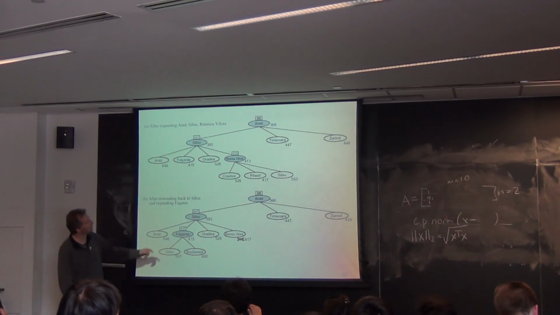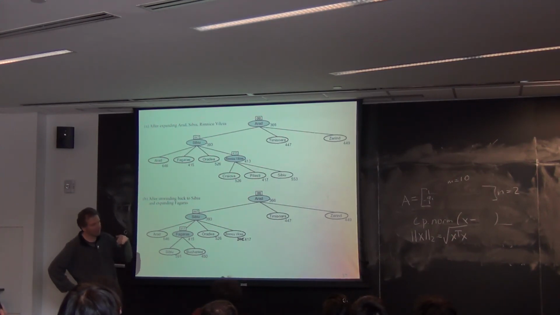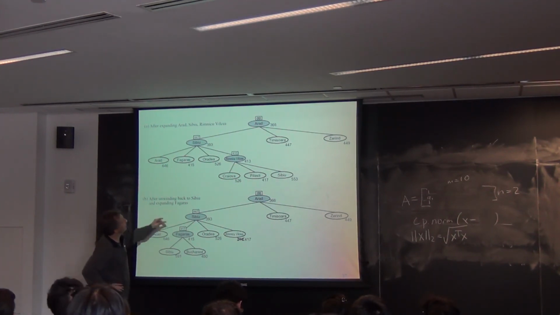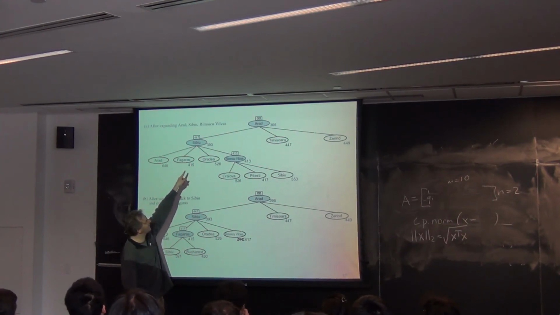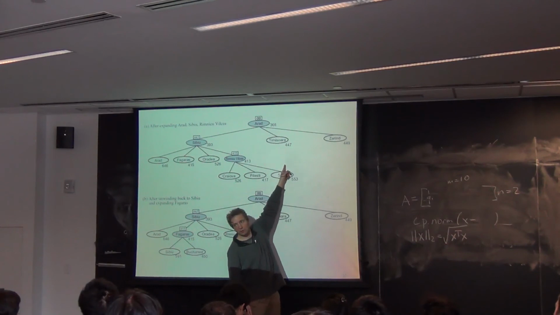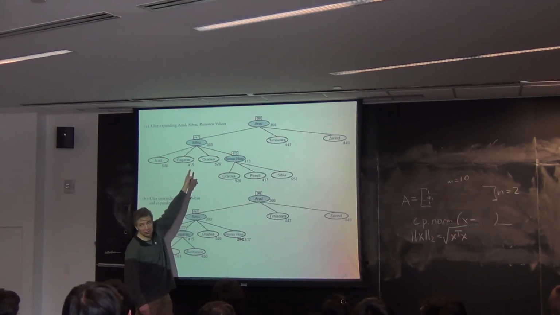We start off with Arad at infinite, and 366 is the f value, the heuristic cost to go straight to it. We expand out. The minimum one that we're expanding out is 393, but the next best alternative is 447 here. So we annotate it with the 447.